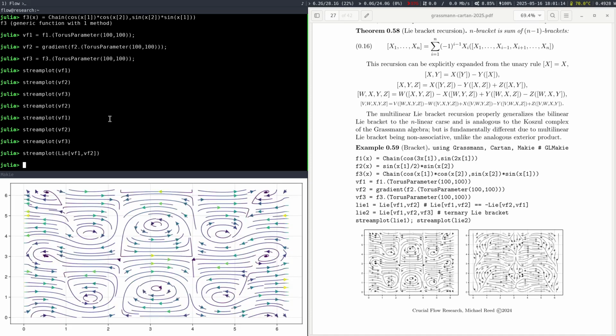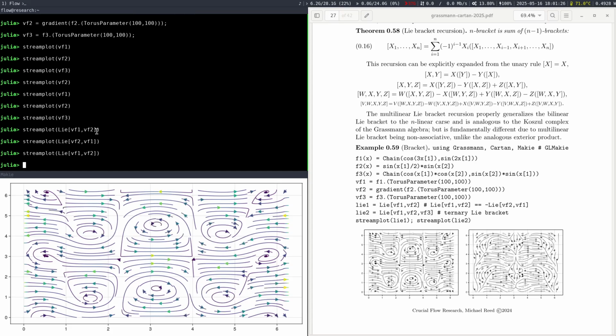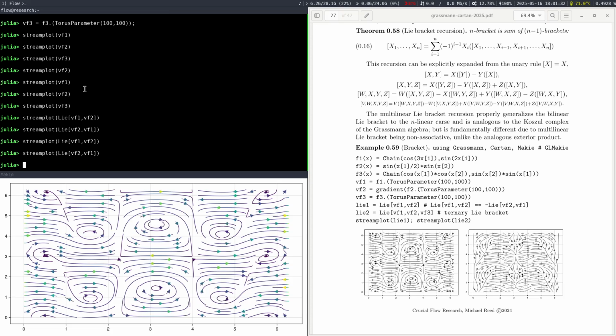Okay, so that's what's depicted here. And when we switch between these two, it switches orientation. You see that? It's the same result, but the arrows point in the opposite direction.